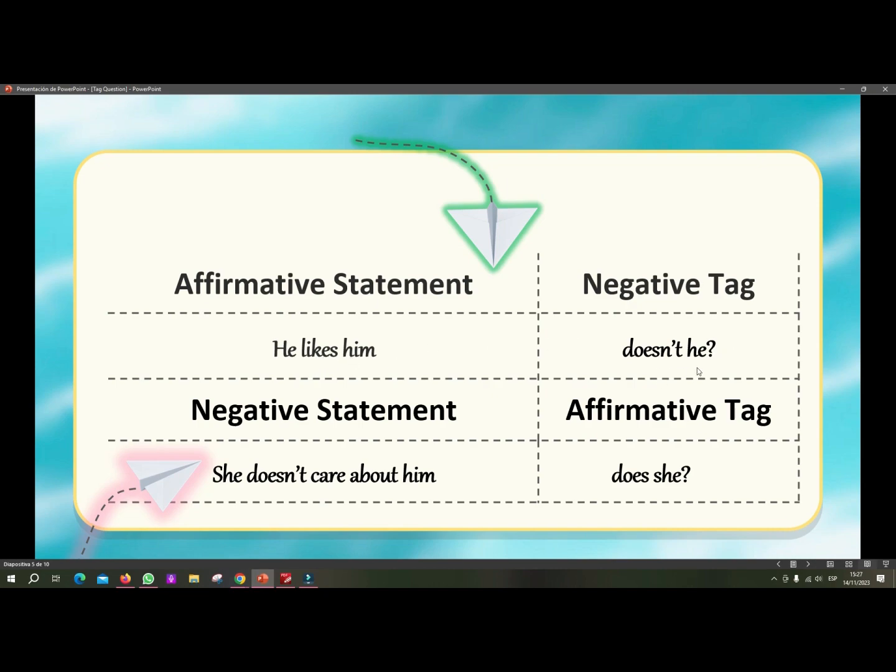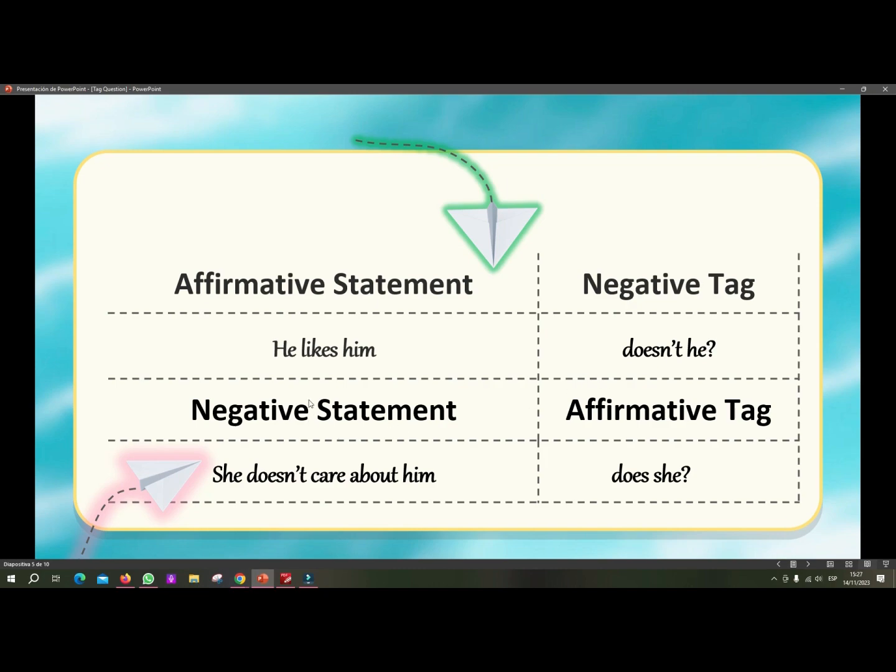In this case, this is simple present tense, so the negative tag will be doesn't. And you're going to use the subject pronoun that you have in the main sentence, and also the question mark. So, he likes him, doesn't he?